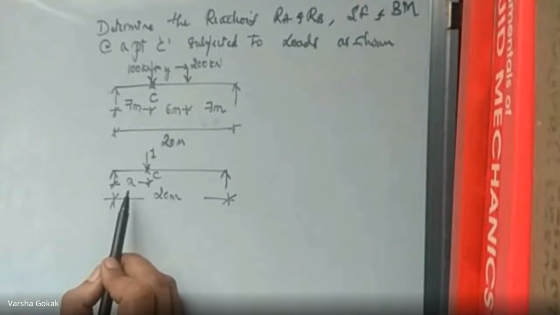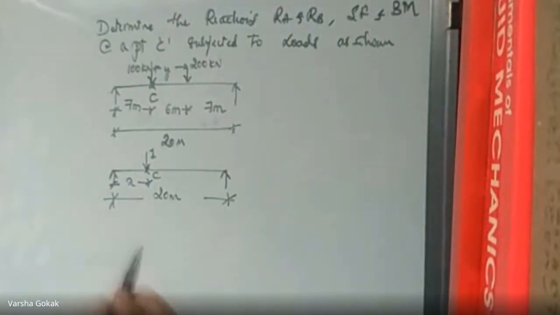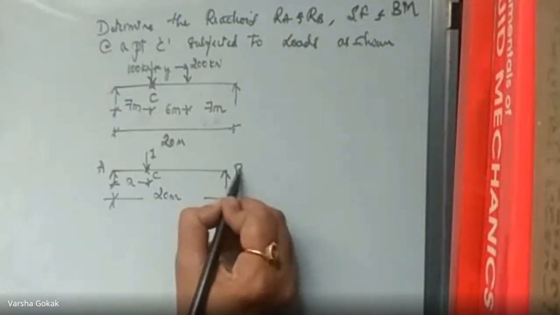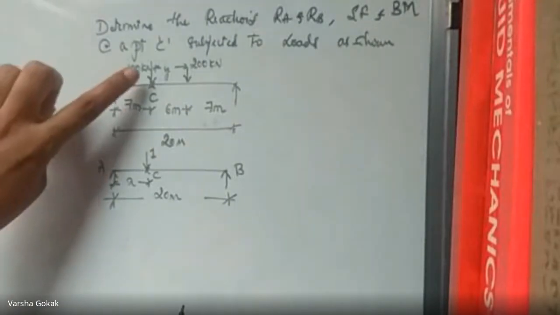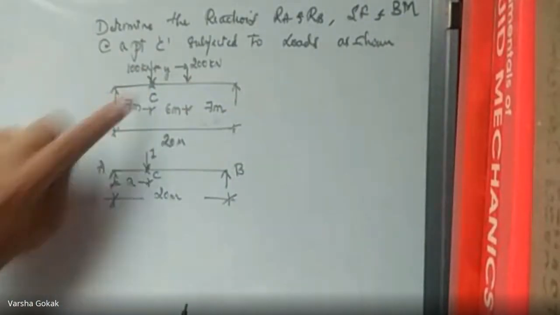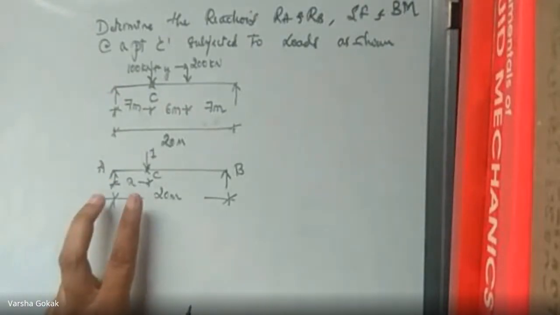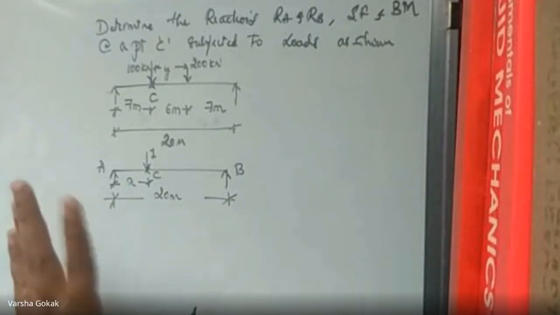I know in reality on the beam it is 7 meters, but now I will take it as x and I will find the value. This is your point A, this is your point B. At point C, I will apply 1 kilonewton load at distance x. This is 20 only.